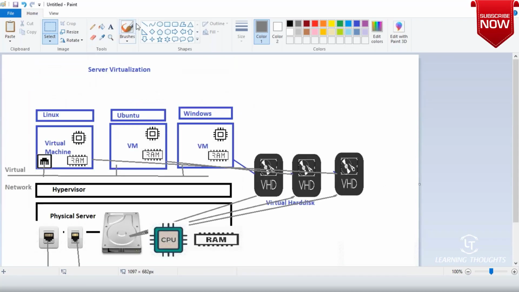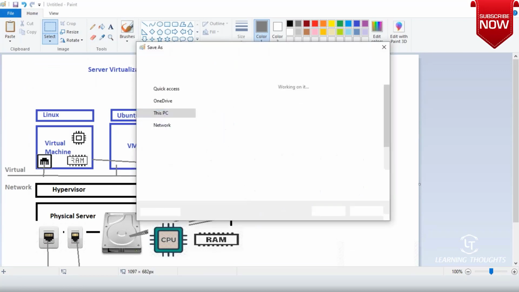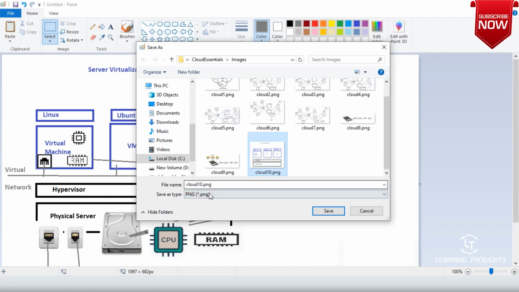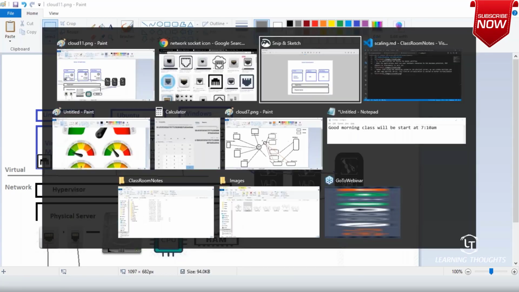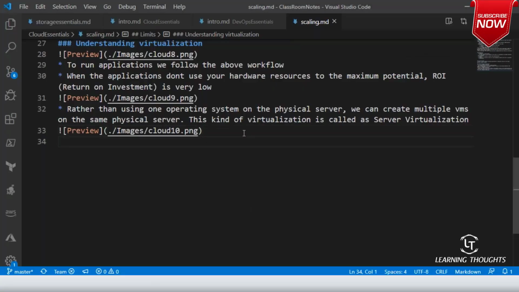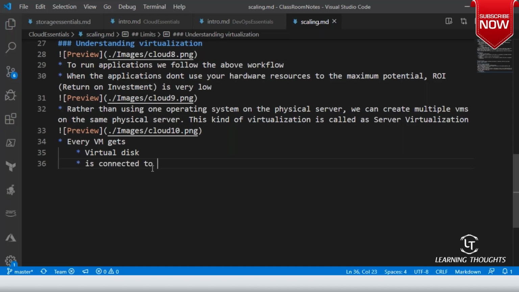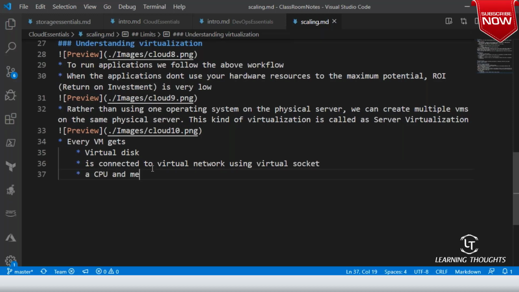And understand one thing, this virtualization is very, very popular and all the clouds adopt it. I'm not writing too much about it. So every virtual machine gets what? A virtual disk, is connected to a virtual network using a virtual socket, and gets a CPU and memory.